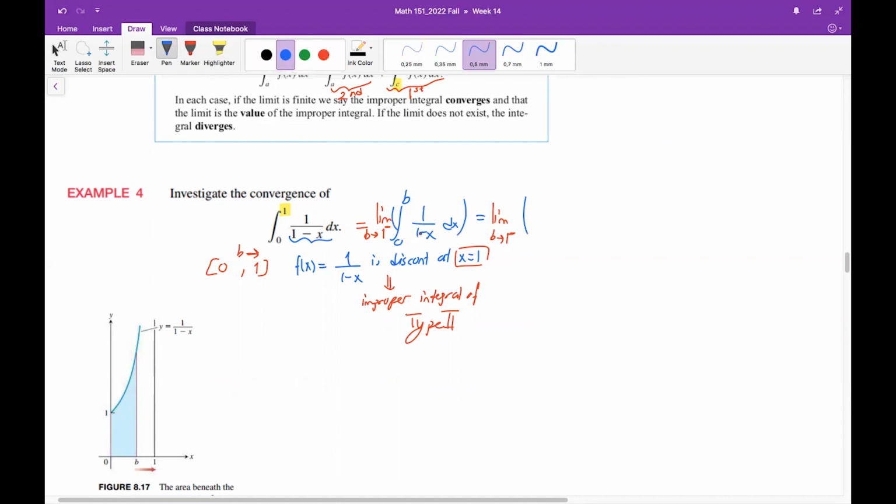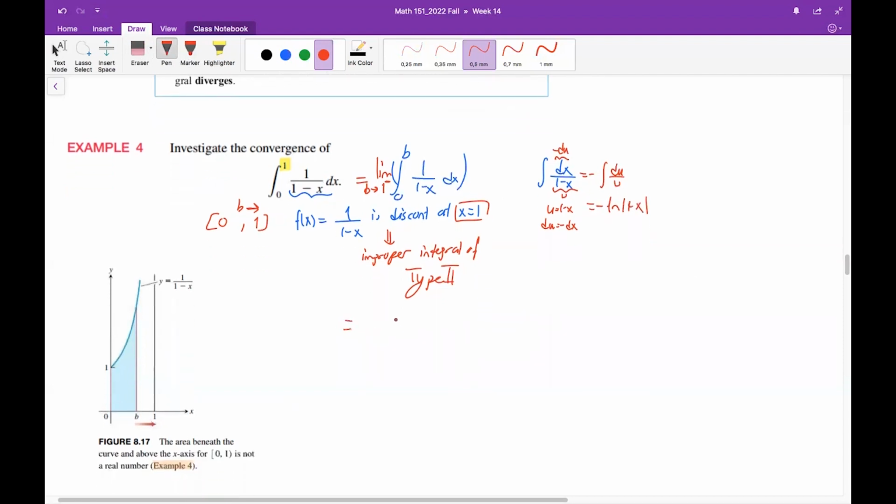And now this can be easily integrated, right? So let me write down below. What is the result of this integral? dx over 1 minus x. If you call this denominator u, then du is minus dx. That's why this integral is written as minus du over u, so minus ln absolute value of u, where u is this one.